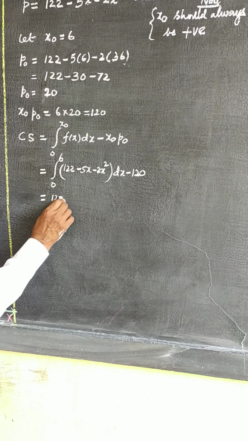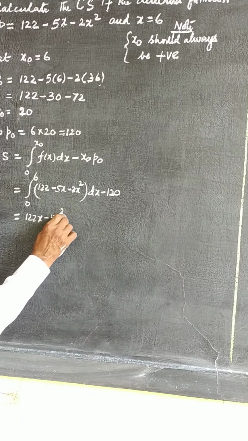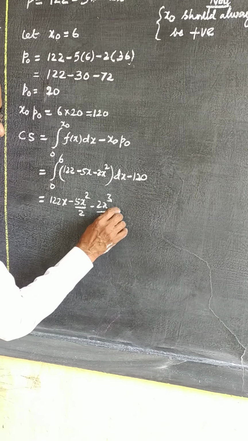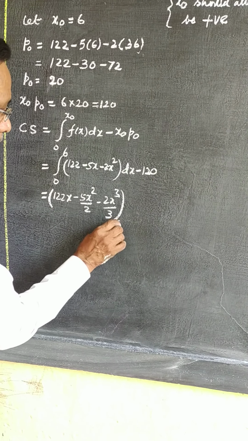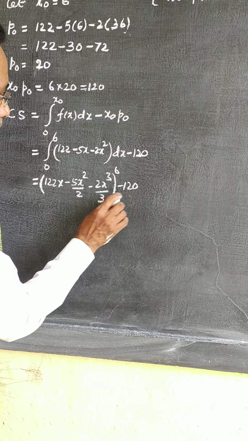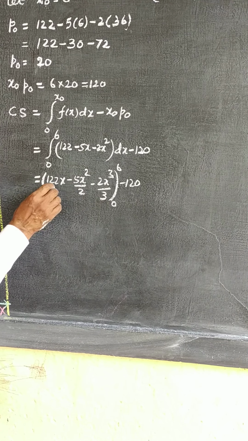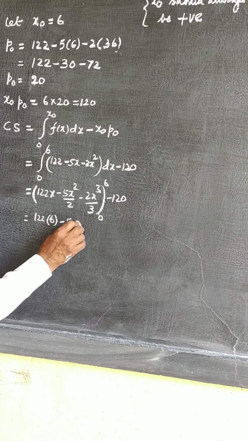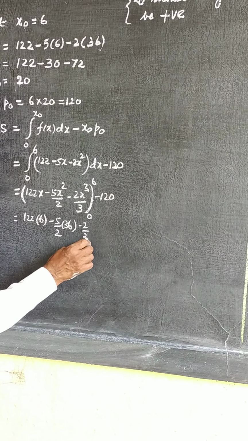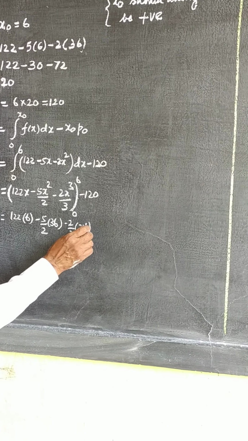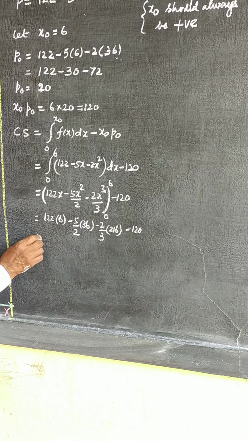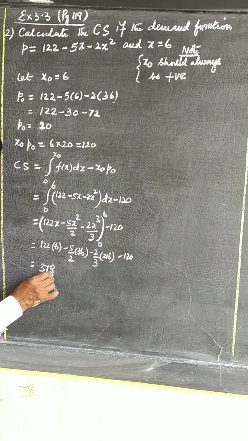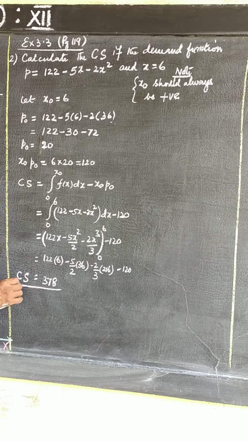Now 122x minus 5x square by 2 minus 2x cube by 3 from 0 to 6, minus 120. On substituting the upper limit, 122 into 6 minus 5 by 2 into 36 minus 2 by 3 into 216 minus 120. Now on simplification we get 378. This is consumer surplus value.